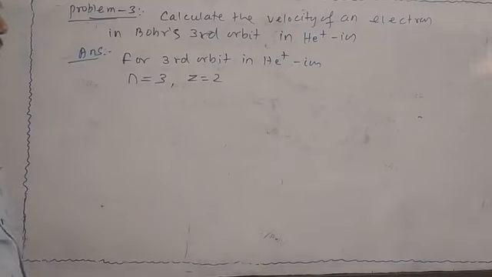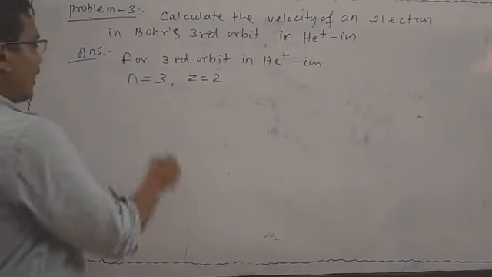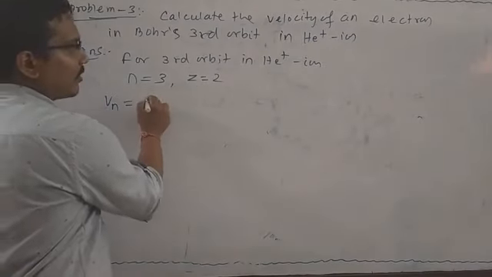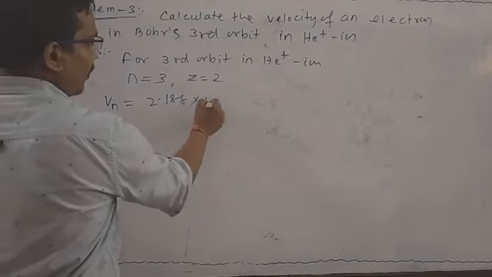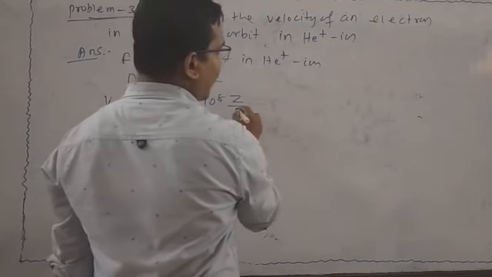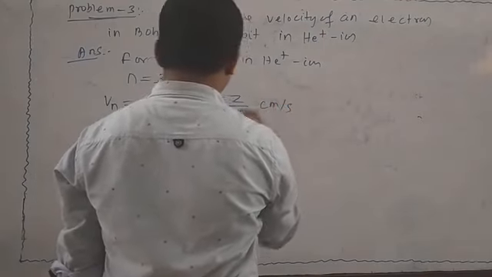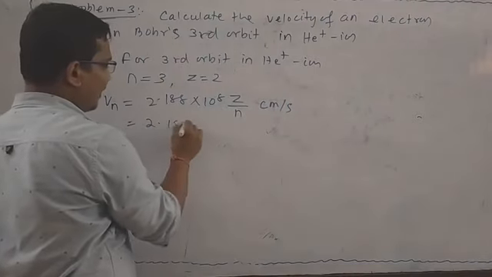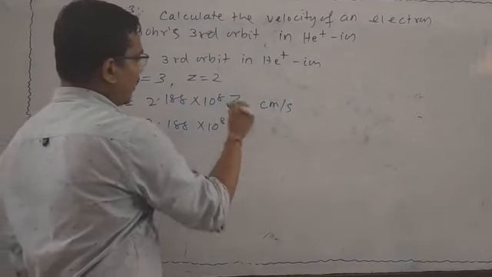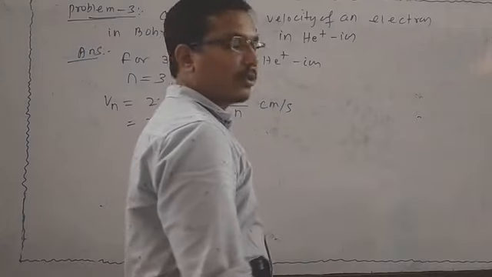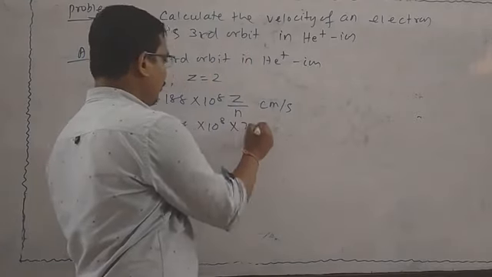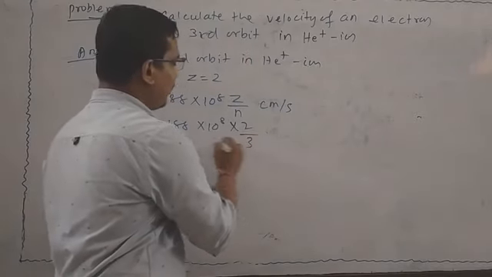2. For velocity, the formula is Vn is equal to how much? 2.18 into 10 to the power 8 Z by N centimeter per second. 2.18 into 10 to the power 8, your Z is equal to 2, N is equal to 3.